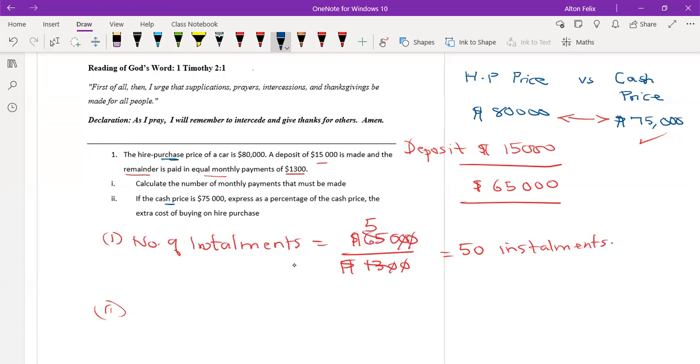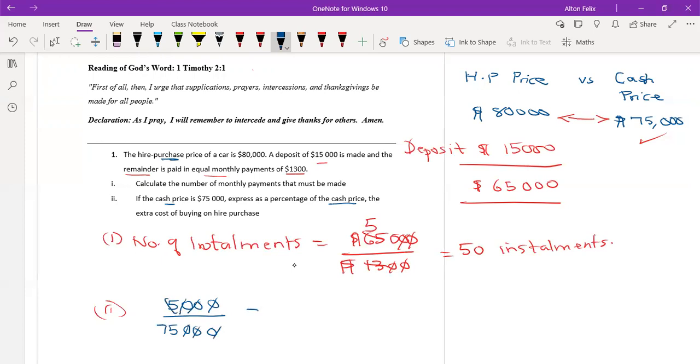So therefore, we express the extra cost of buying on hire purchase, which is the 5,000, as a percentage of the cash price. So we must put that cash price underneath here. And let's see how this works now.